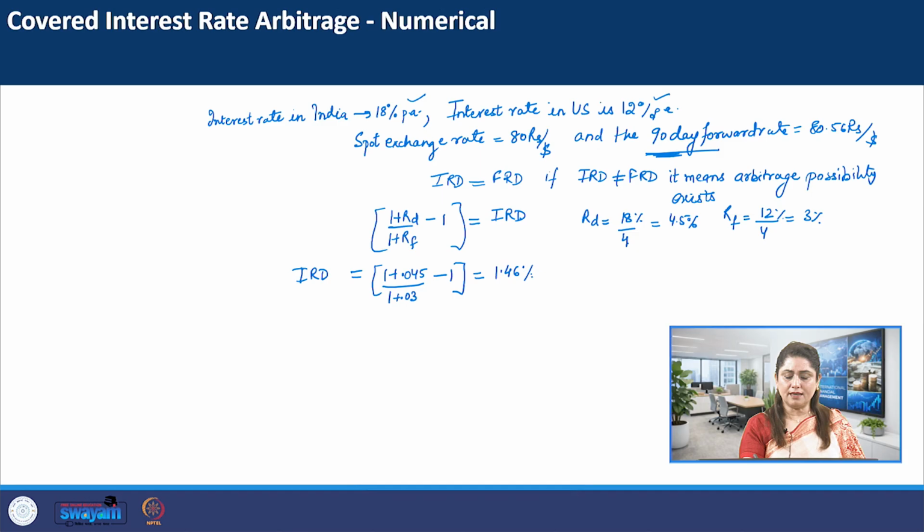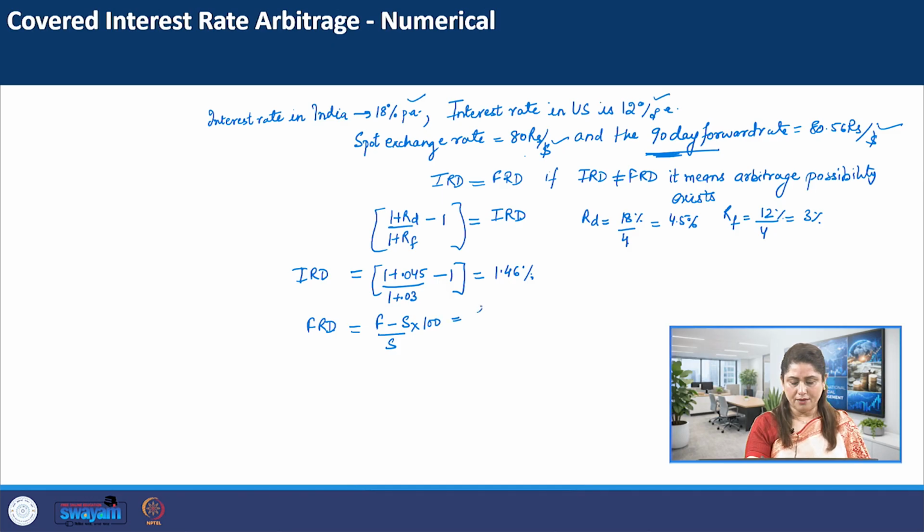Now the next thing that comes is we need to find out the forward rate differential. We have been given these rates, this is the spot rate and this is the forward rate. Now we know the forward rate differential is equal to (F minus S) upon S into 100.